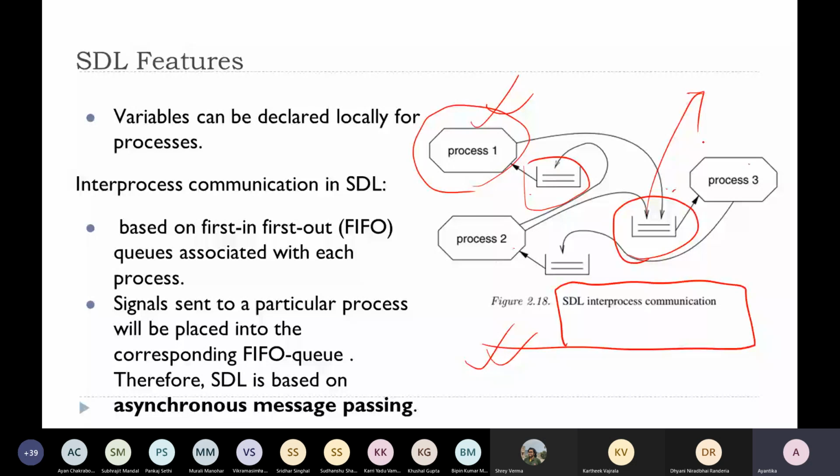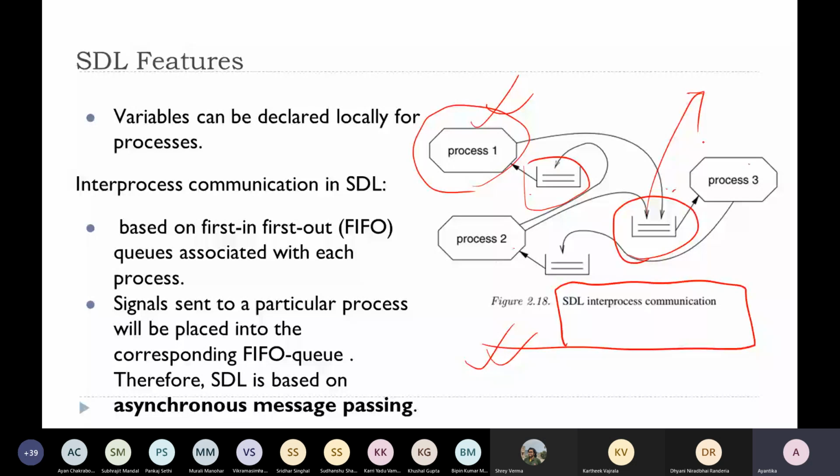So it is not possible that you allow a huge queue size for each and every process, because it is not that there are only one or two processes. Maybe you have already seen it in our RTOS scenario. In RTOS scheduling, you have seen that you have to handle so many processes according to their priority and their interaction.